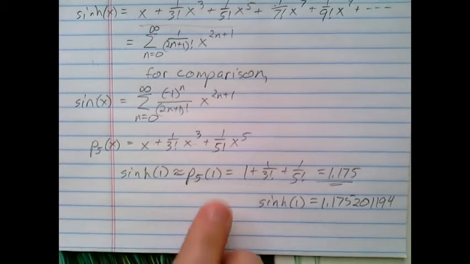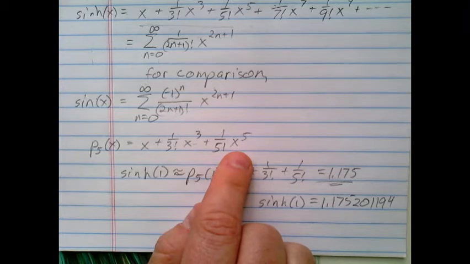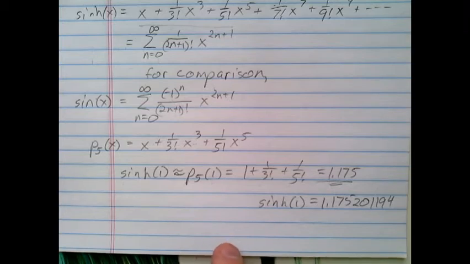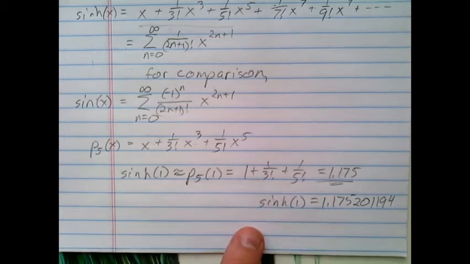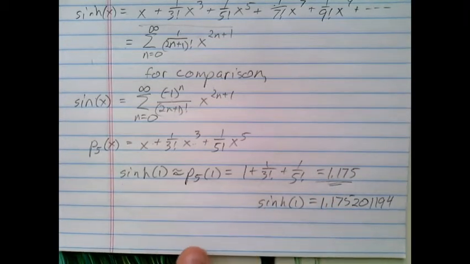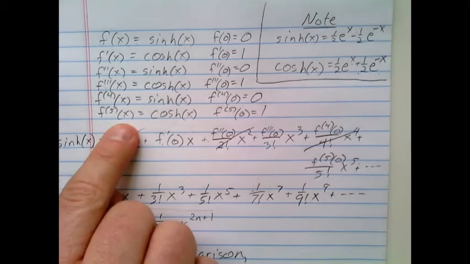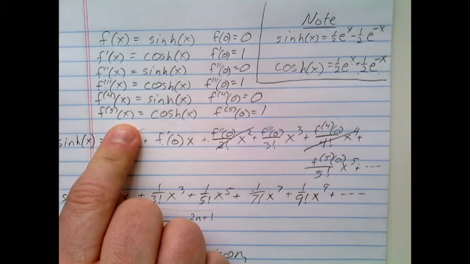So this was an approximation based on the fifth Maclaurin polynomial. In order to get an upper bound for the error without having to know the exact value there, we're going to have to compute the sixth derivative. I had stopped at the fifth one, but fortunately the sixth one is pretty easy to compute.